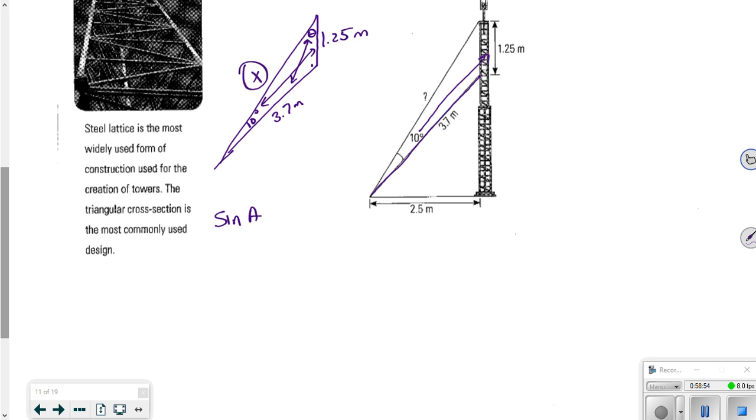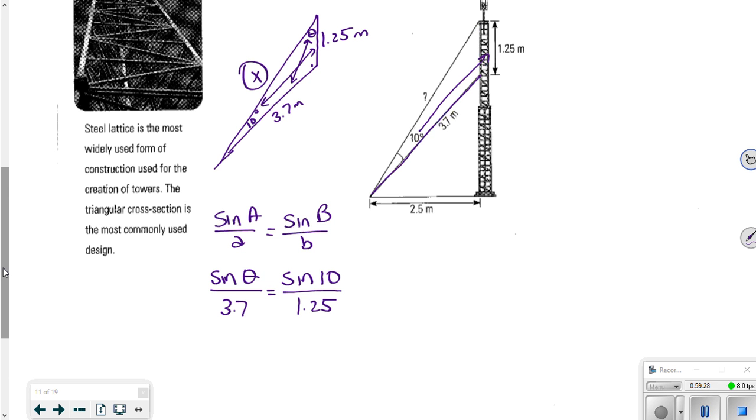So sine A over a equals sine B over b. Sine of my top angle divided by the side directly across from it, so divided by 3.7, equals sine of angle B. So this, the angle of the pair that I know both parts, so sine of 10 over the side directly across from it, which is the 1.25.